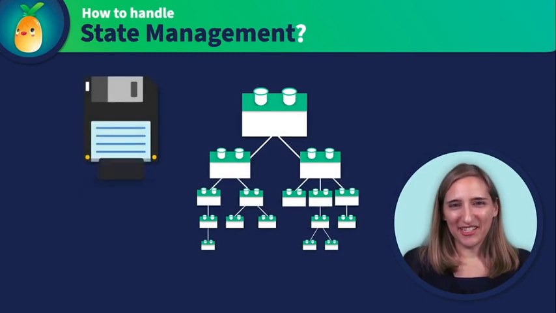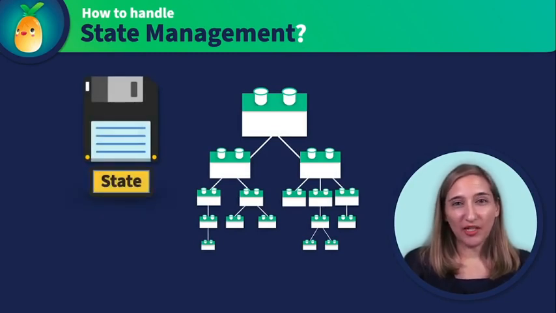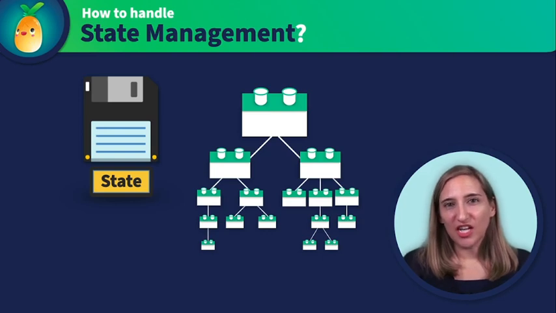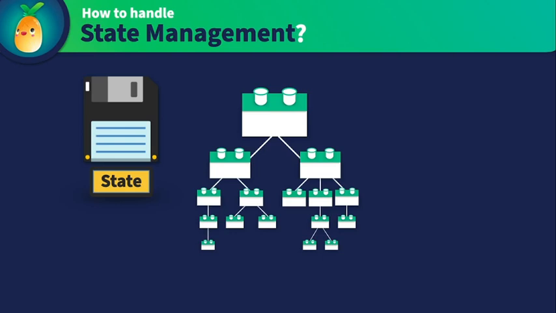Now that we have an idea of what state is, the question becomes, how do we manage state across a Vue app full of components? Technically, we could store local state on each component within a data property or reactive ref. But what do we do when one component needs to communicate something about its state to a component in a completely different part of the component tree?